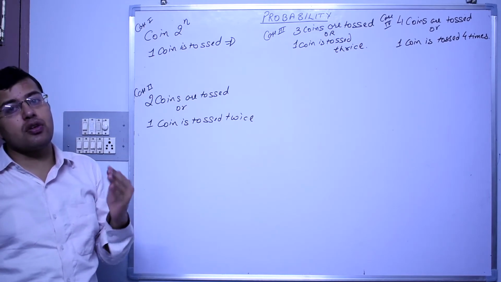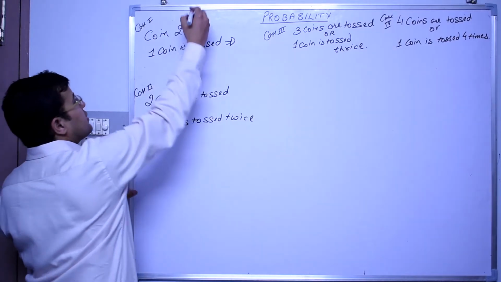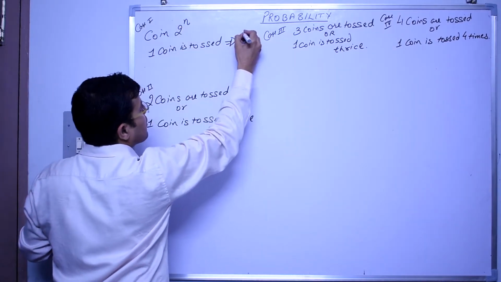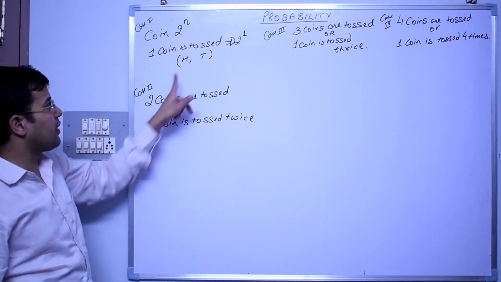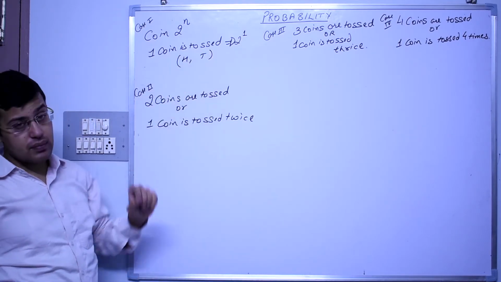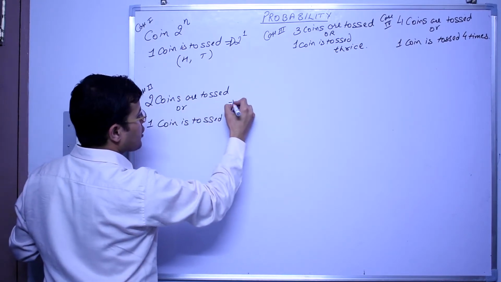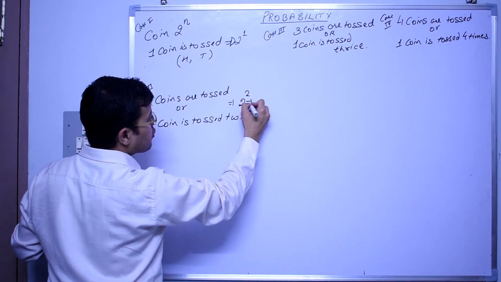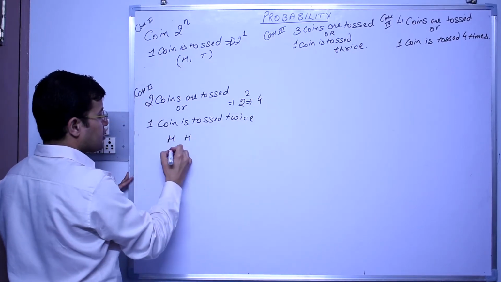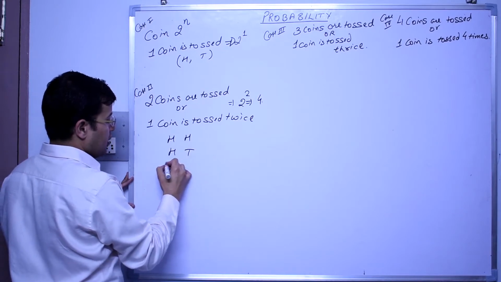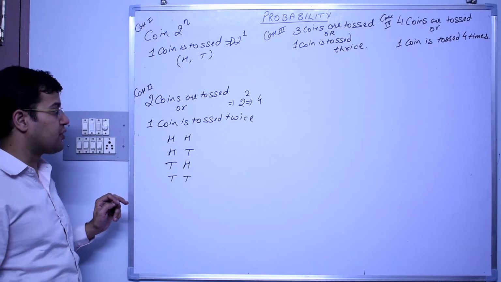If one coin is tossed, this becomes 2 raised to power 1, so there can be only two outcomes: the first is a head, the second is a tail. If two coins are tossed together or one coin is tossed twice, this will be 2 raised to power 2, which means 4 should be the sample space: HH, HT, TH and TT. These will be the 4 cases.